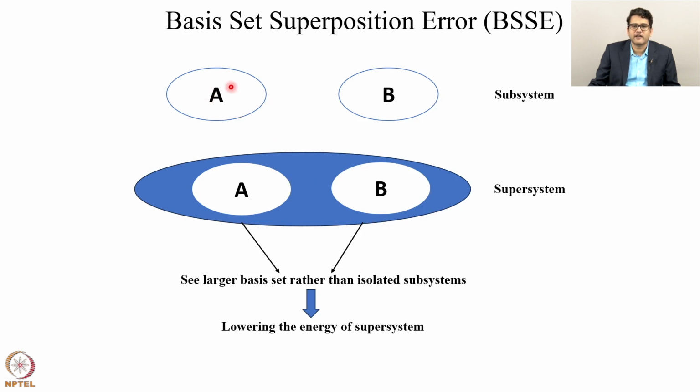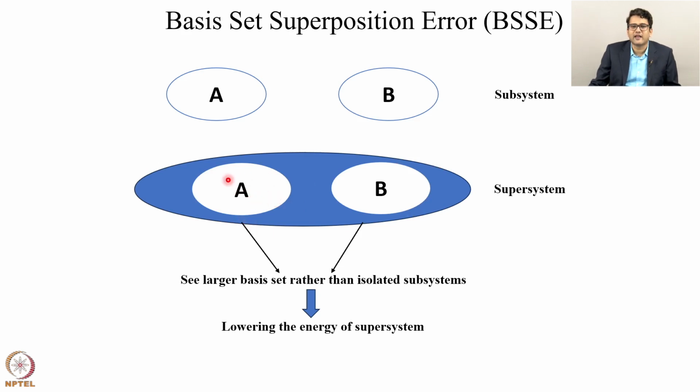Of course, I have individual basis functions for A and B. When I combine A and B, the total number of basis functions is much larger than for A and B individually, because now I have basis functions centered on A and basis functions centered on B. So, in this complex, A sees not only the basis set localized on itself, but also the basis set localized on B. Similarly, B sees the basis set localized on itself as well as the basis set localized on A. And this leads to a much larger basis set than the isolated subsystem.